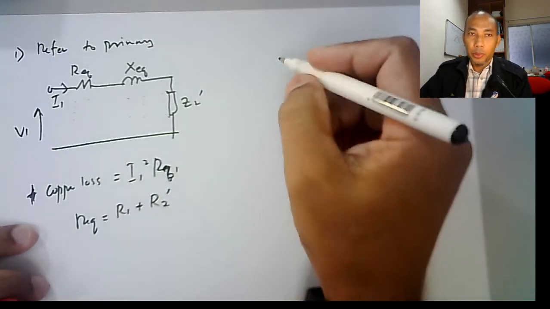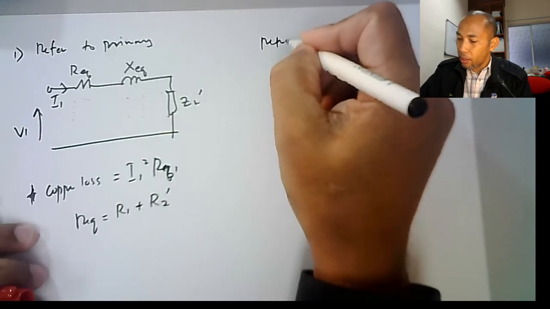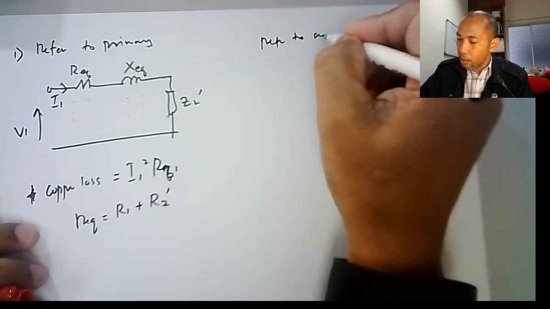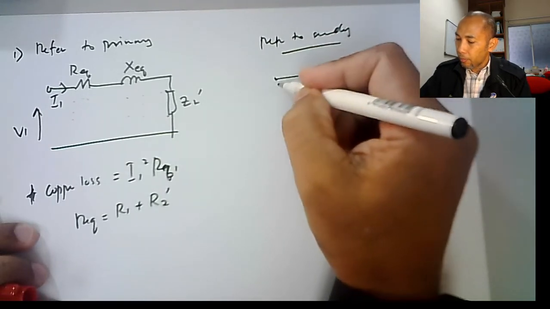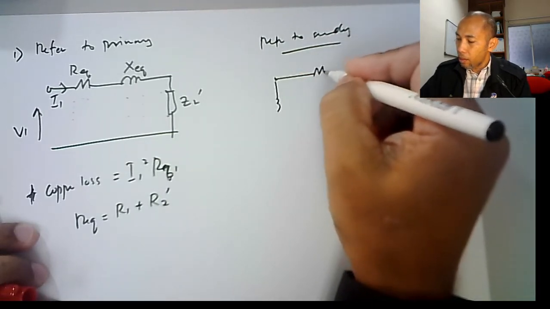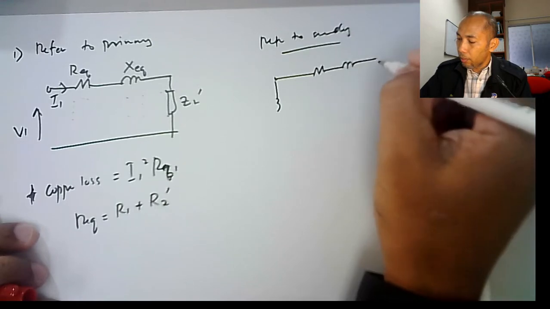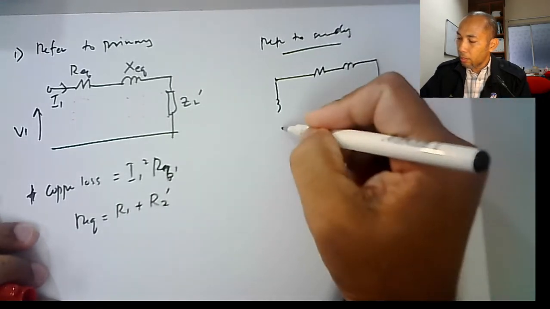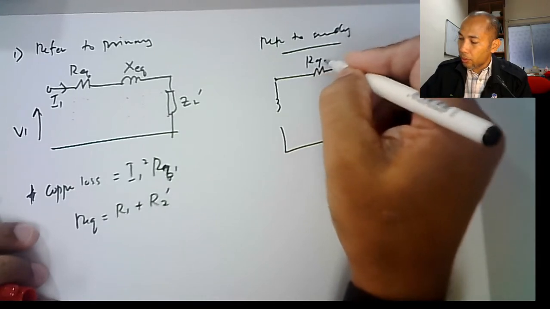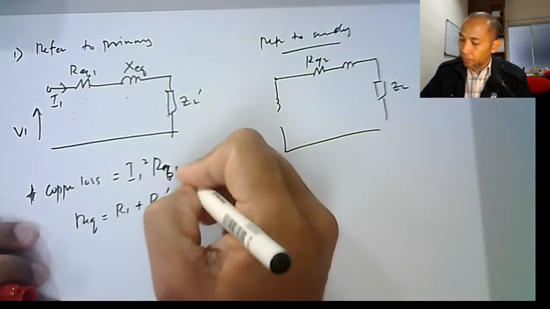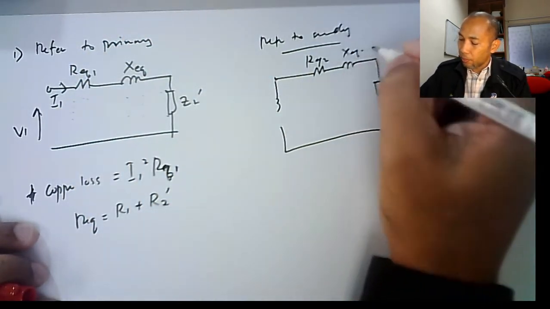If we want to refer to the secondary, we have ZL, R equivalent 2, and X equivalent 2.